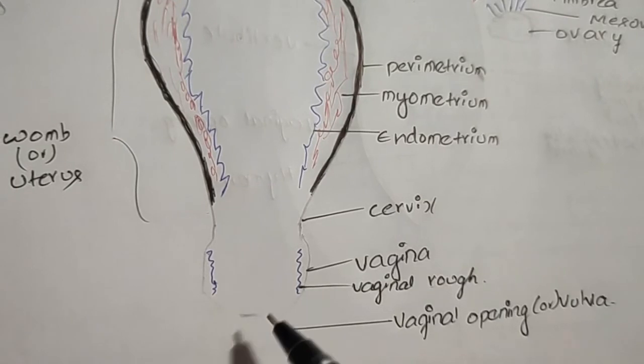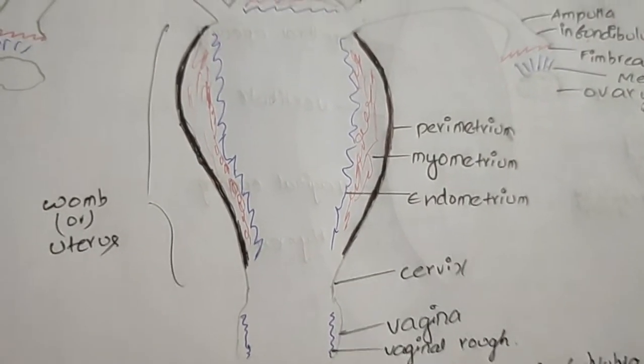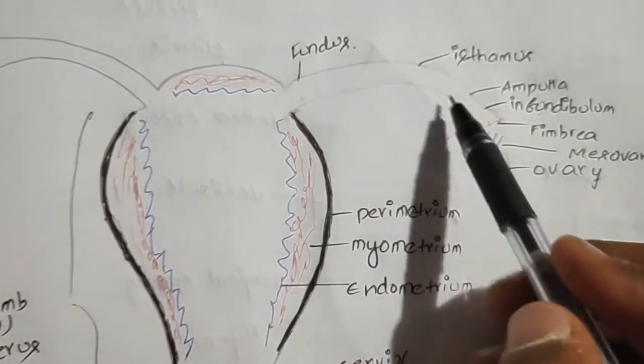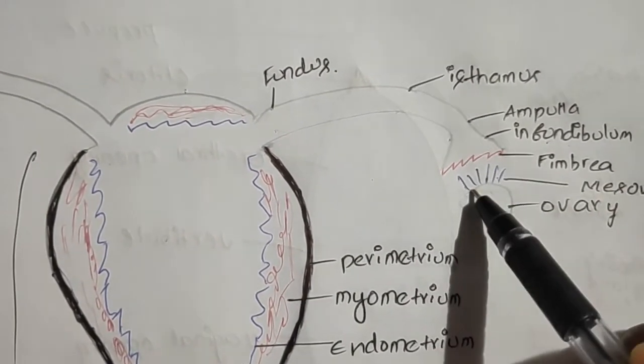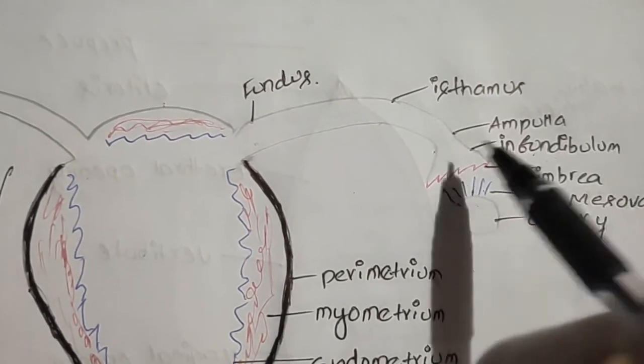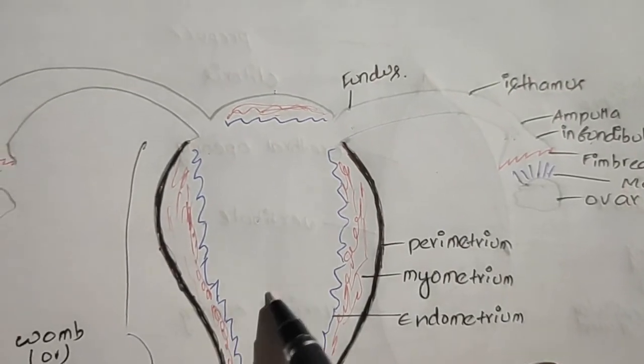The vagina is the place where sperms from the male enter the female, and they go through here and reach near the ampulla, where the ovum collected by the fimbriae comes to this ampulla. Here fertilization takes place and implantation takes place in this uterus.